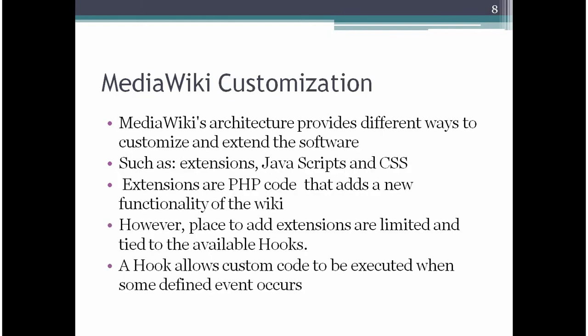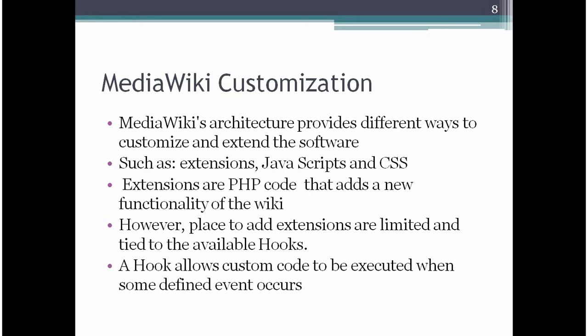As for the customization, the architecture of the MediaWiki engine provides different ways to be customized. It's pretty flexible. You can customize it using extensions, JavaScript, or Cascading Style Sheets. I'm assuming everybody is familiar with JavaScript and Cascading Style Sheets, but extensions must be new to most of you here. Extensions are just PHP code that is written to add an extra functionality to the MediaWiki engine.